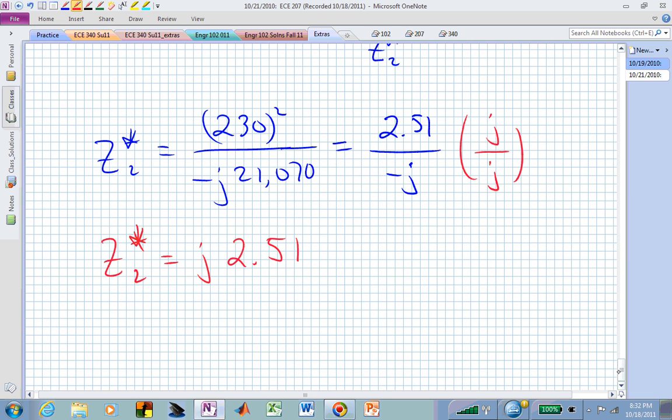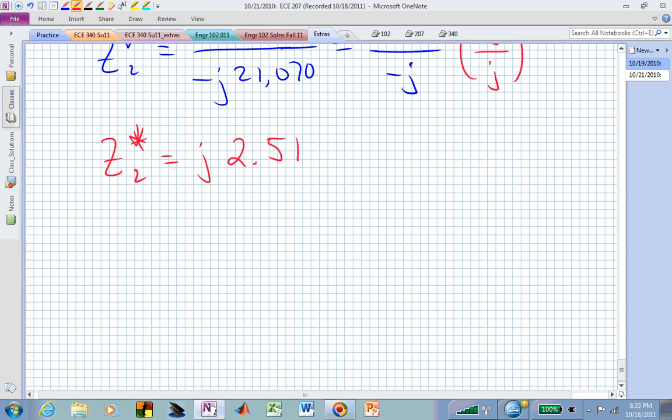That's the conjugate of Z sub 2, and it's not hard then to find the conjugate of a complex number. We simply change the sign of the imaginary part, and we now know that the impedance of load number 2 is minus j 2.51.